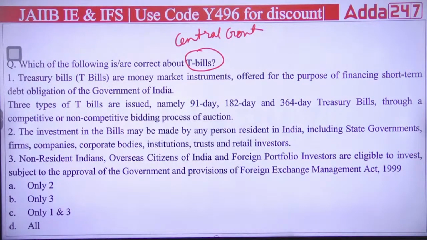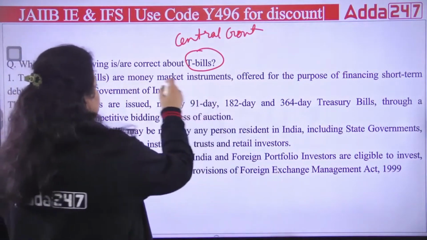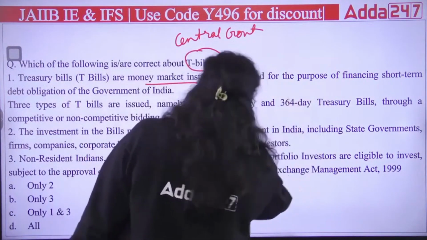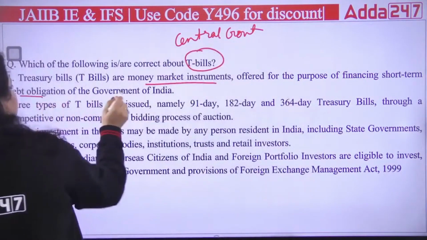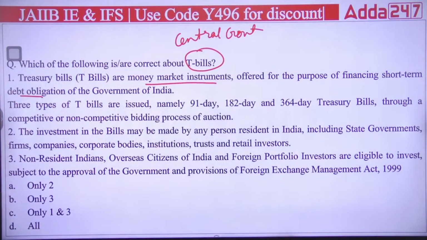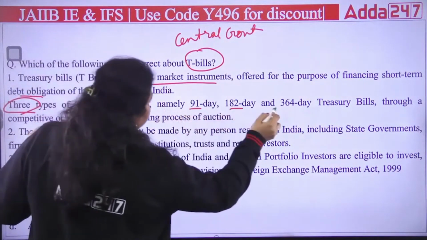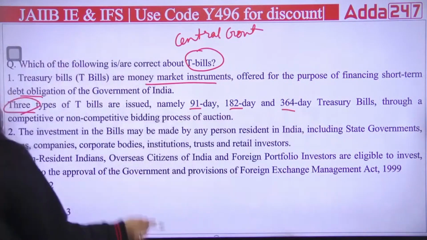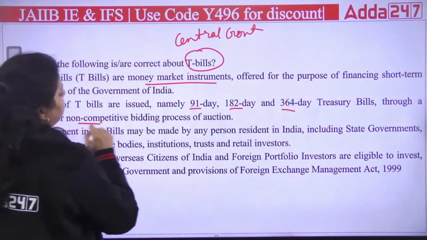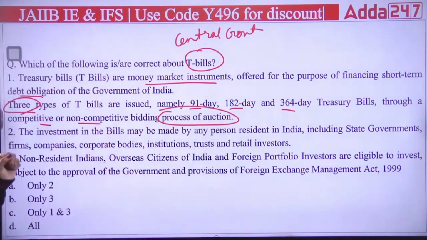The first statement says they are money market instruments offered for the purpose of financing short-term debt obligations of the government of India. Second, there are 3 types of treasury bills, that is 91, 182, 364 days, and on the basis of competitive and non-competitive bidding process of auction, treasury bills can be utilized.